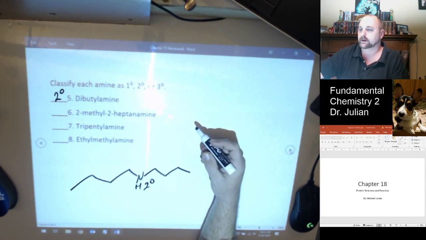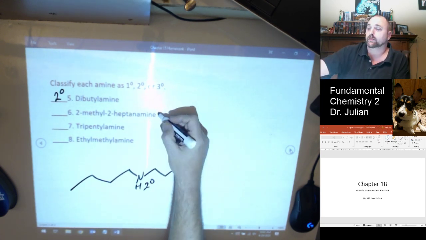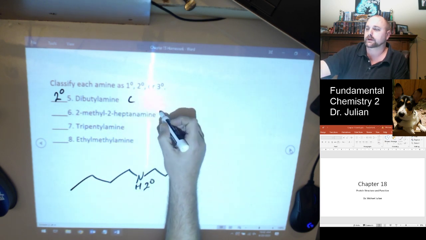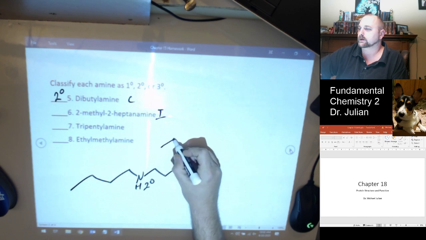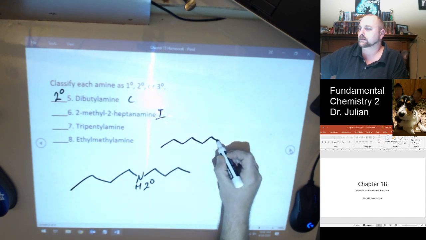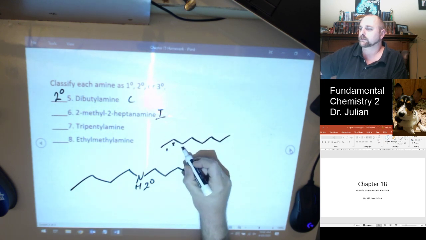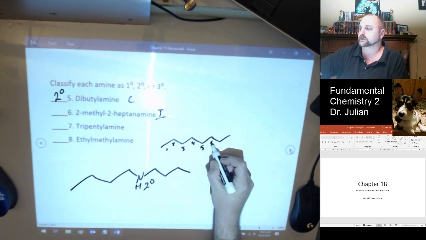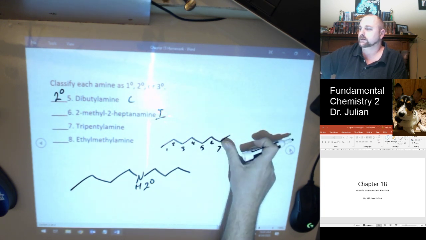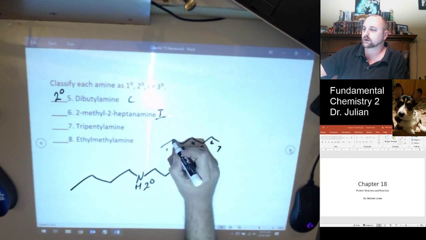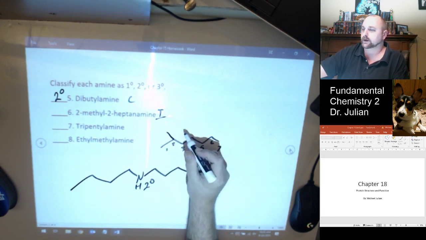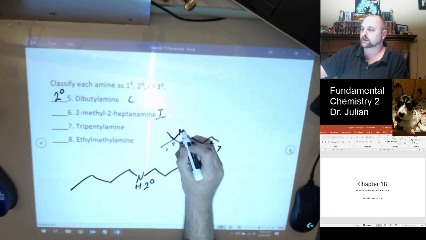2-methyl-2-heptanamine. Now we got IUPAC. So this first one was common. This is an IUPAC name. So 1, 2, 3, 4, 5, 6, 7. And at 2 is a methyl, and at 2 is an amine.